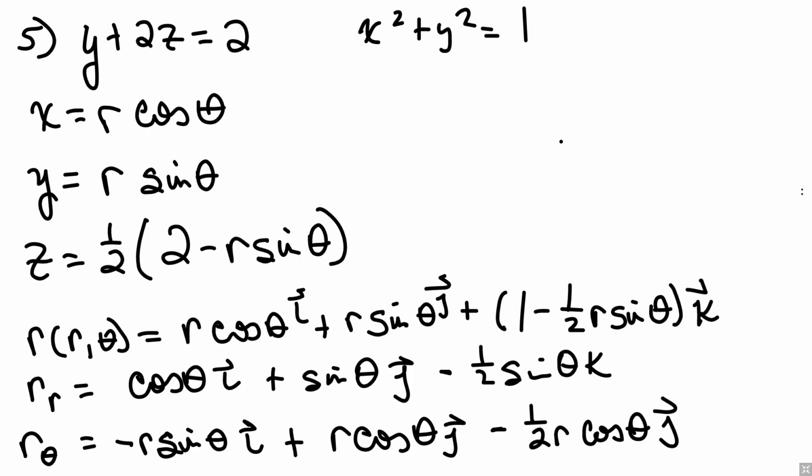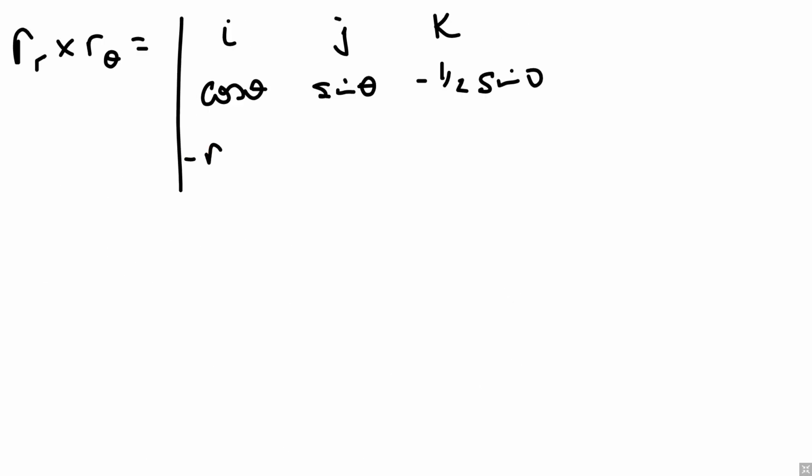And then the second one, we're going to have negative r sine theta, r cosine theta, negative 1/2 r sine theta.